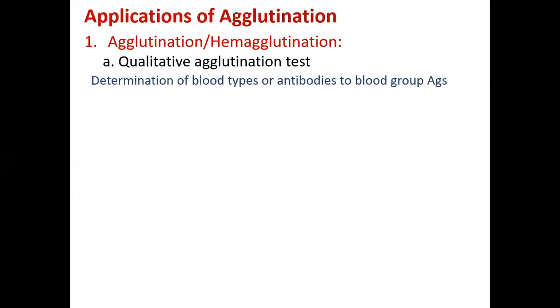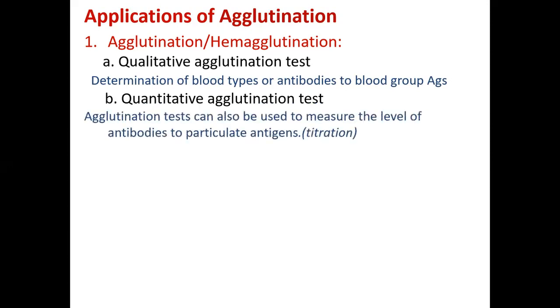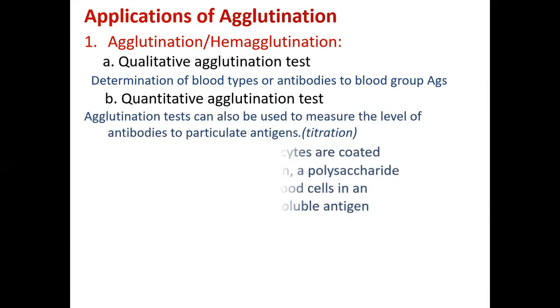The applications of agglutination include quantitative agglutination testing, determination of blood types, and antibodies to blood groups. Agglutination tests can also be used to measure the level of antibodies to a particular antigen. That is titration.